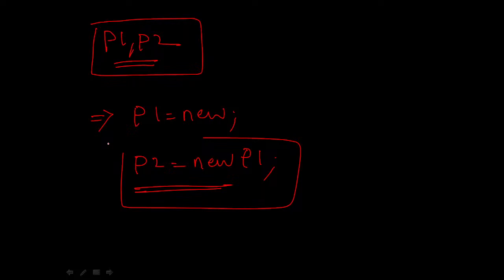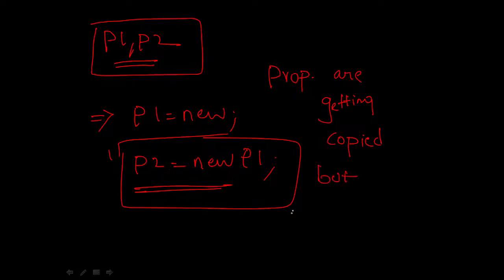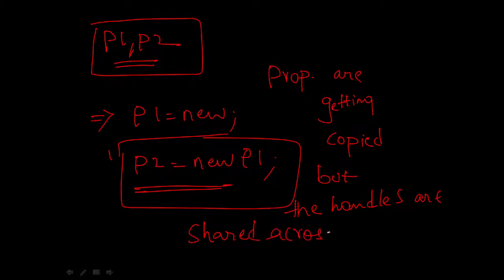When we do the shallow copy, the properties are copied, but the handles are shared across p1 and p2.